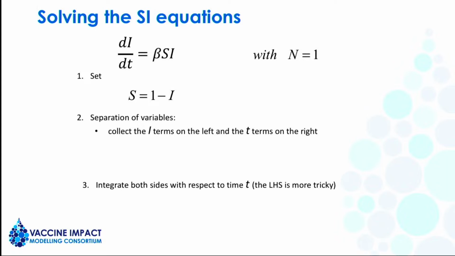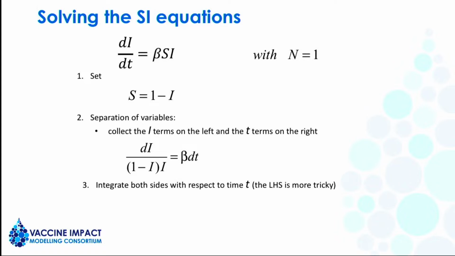If we've got a population size of 1, that means S is equal to 1 minus I, because people are either infected or susceptible. If we've got this differential equation, we've got this value for S, we can substitute it in, and then start rearranging so that we can do things like separation of variables for solving this differential equation.